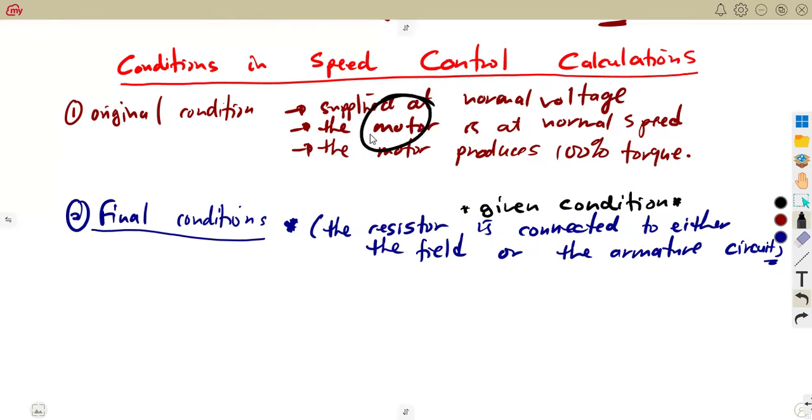First, you had a diagram of the original, then a diagram of this. So the connection of this resistor, whether it is connected to the field windings or to the armature circuit, what is the effect to the circuit once it's there? What does it do? What is the effect?